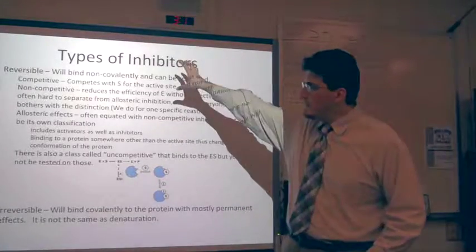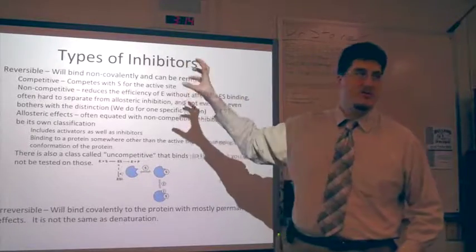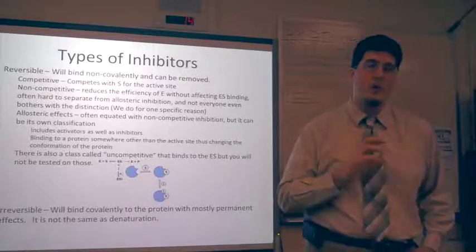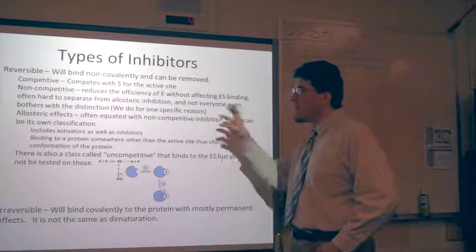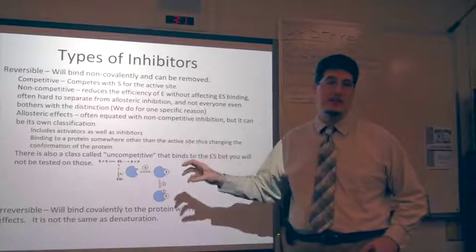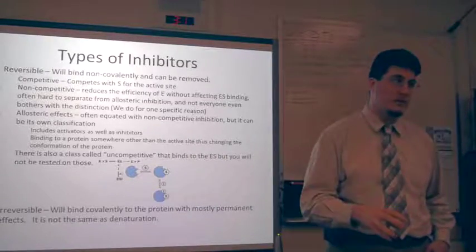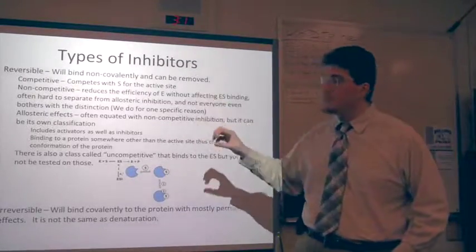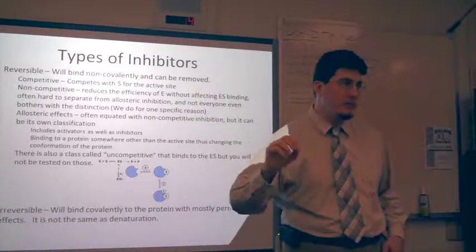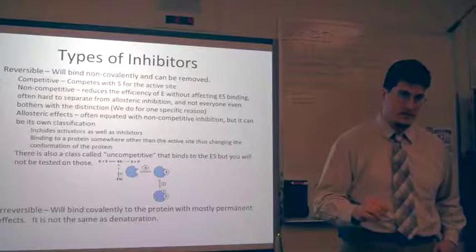It doesn't compete and it doesn't change the binding of enzyme substrate. Enzyme substrate binding has already happened. So it is not non-competitive and it is not allosteric, because the enzyme substrate complex has already formed. Allosteric and non-competitive both happen before the enzyme substrate complex has formed.